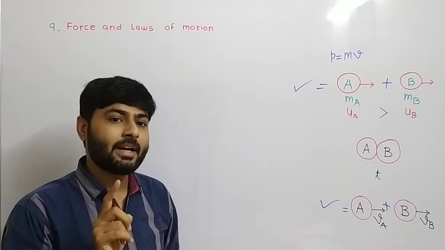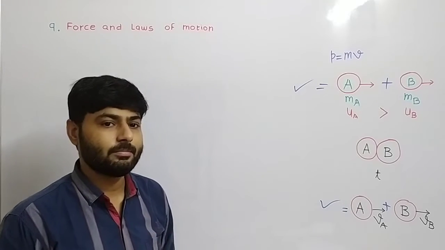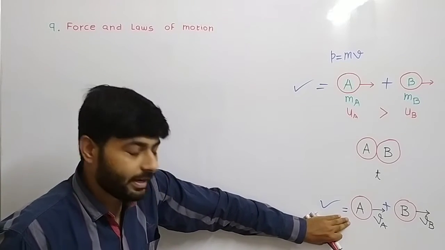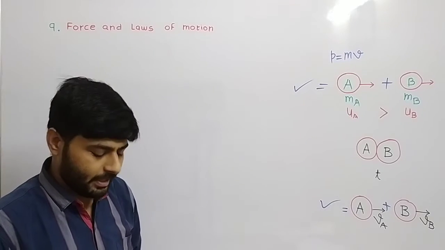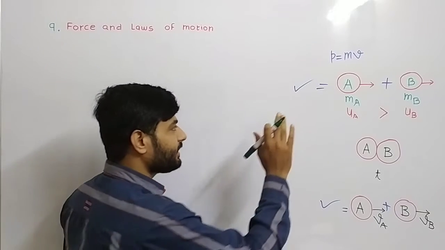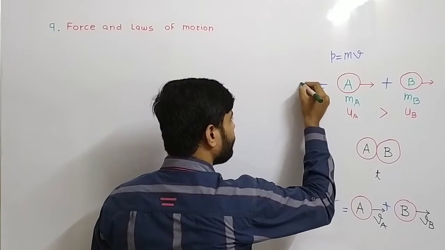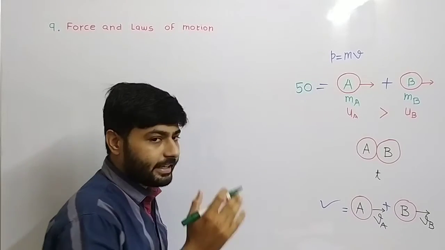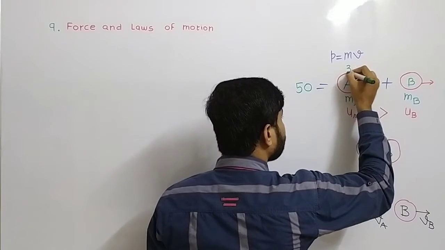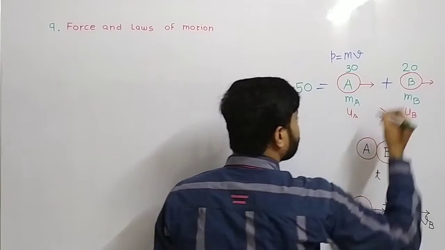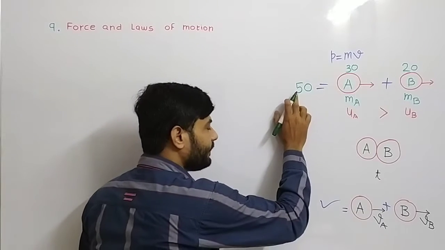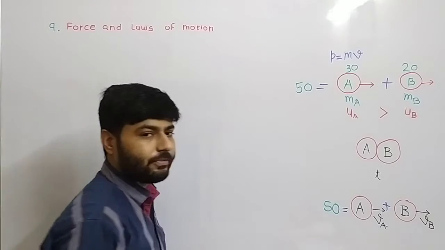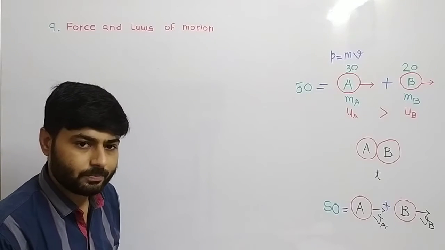This total momenta will be equal: total momenta before collision and total momenta after collision. Let's say it has value 50, that is distributed like 30 and 20. So this 50 will not change and this 50 remains 50 after collision also.